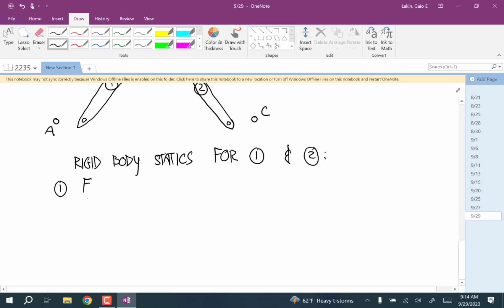We have F, the force on body 1 by the pin A. This isn't a vector. This is an X component. Plus the force on body 1 by the pin B, X component, is equal to 0. The second equation, F on 1 by A, Y, plus F on 1 by B, Y, is equal to 196.2.